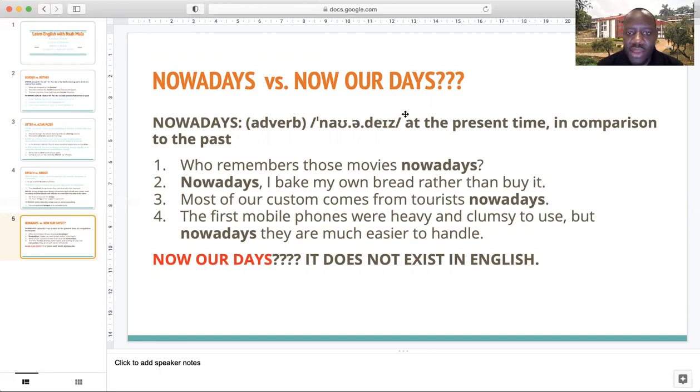Most of our custom comes from tourists nowadays. The first mobile phones were heavy and clumsy to use, but nowadays they are much easier to handle.